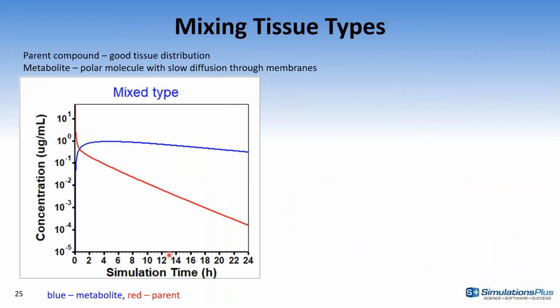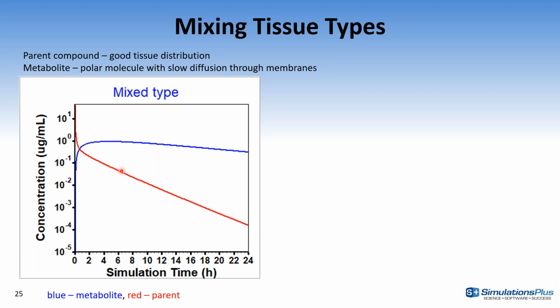The other modification that we've made is that we finally allow mixing the tissue types for different compounds in the simulation. One scenario that you might have seen quite frequently in the past, if you needed to model metabolites: if the metabolites were more polar than the parent compound, frequently you would have a parent compound that was nicely matched with the default or simpler perfusion-limited tissues.